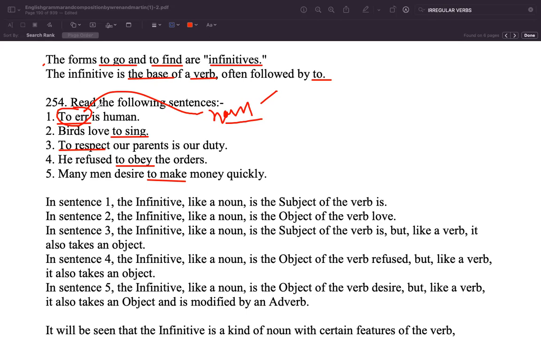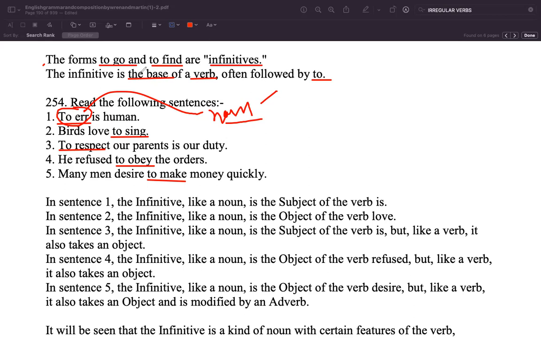समझ में आया या नहीं समझ में आया? साई? Yes, I understood. What did you understand? Can you tell me? That it is a verb, but because it is used in the subject like a noun, it is a noun.